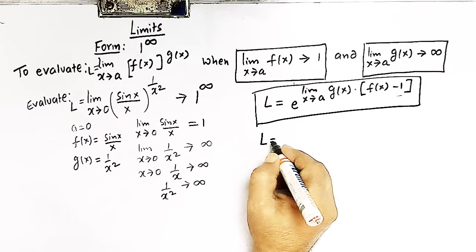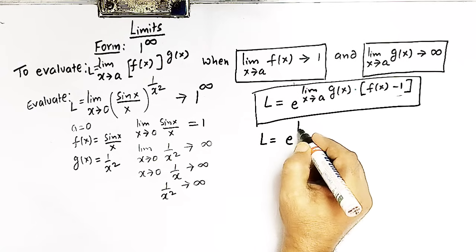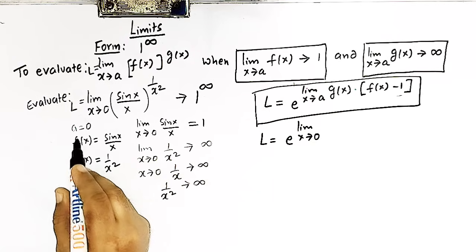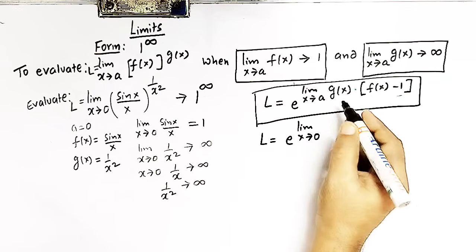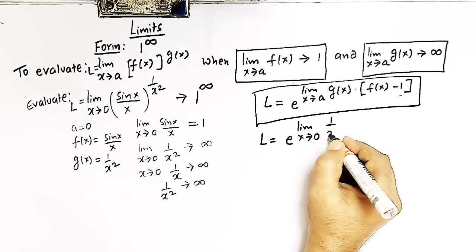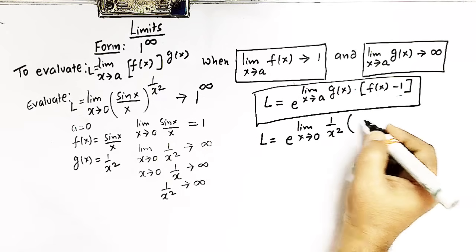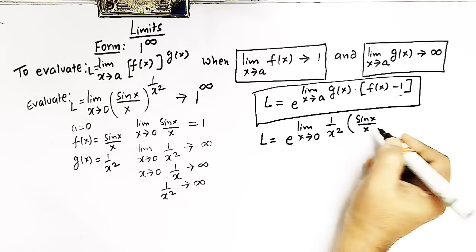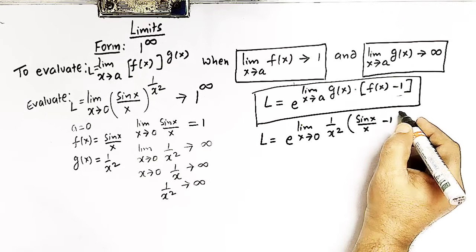Here we are going to make use of this result. So L is equal to e raised to limit x tends to 0, where a is 0, g of x is 1 over x square, and f of x is sine x over x, minus 1.